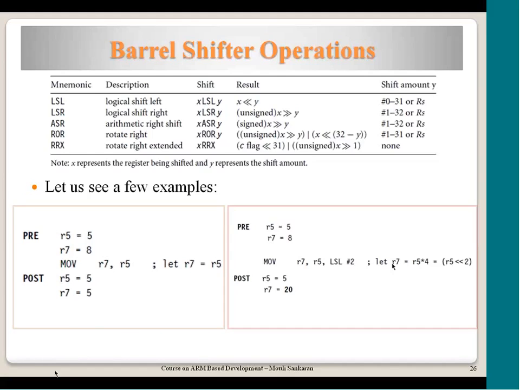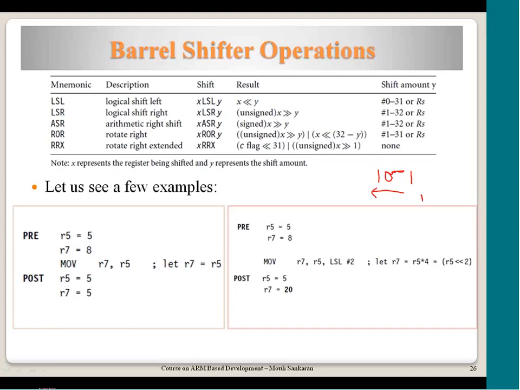Actually, when you are shifting to the left, what happens is the bit positions change. I'll give you an example so that you understand what I mean. 1 second. Suppose you have 1, 0, 1. Okay, this is 101. Sorry about the writing, and the rest of the bits are 0. Now you are doing a left shift. That means you are moving the bits of R5 in this direction. Now what will happen?